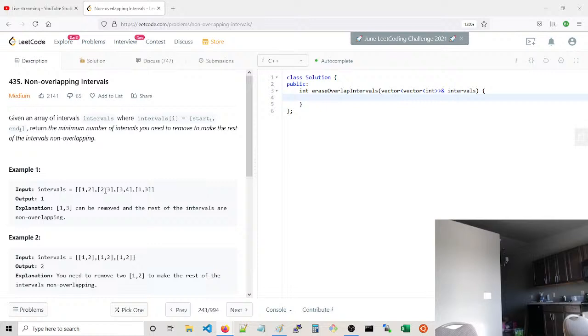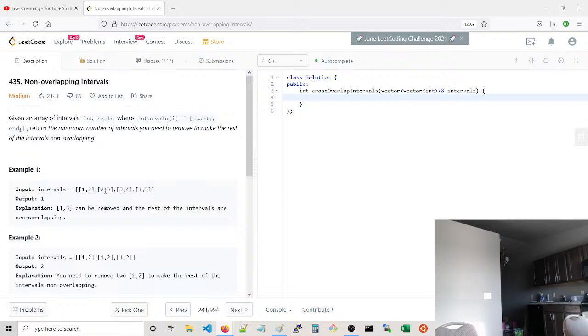It's a really interesting problem. How do you remove as few overlapping nodes? I don't even know how that's possible, where really if anything overlaps anything else, you have to remove one of them, necessarily.